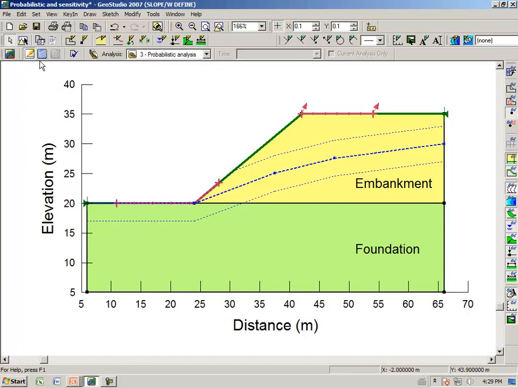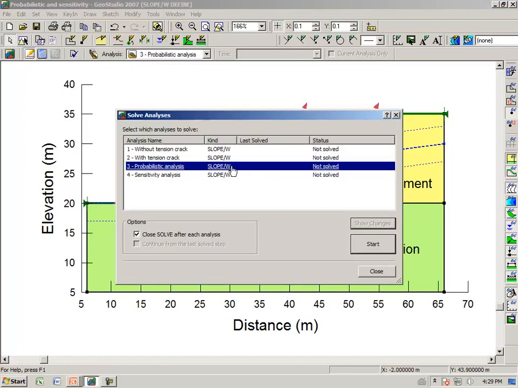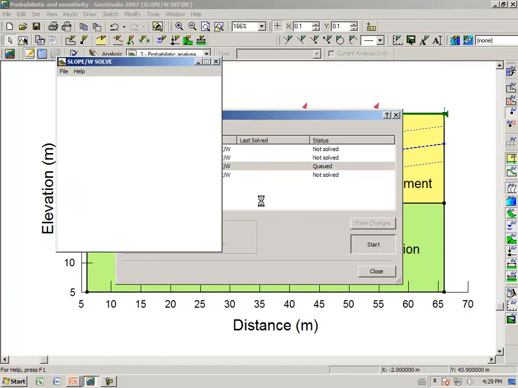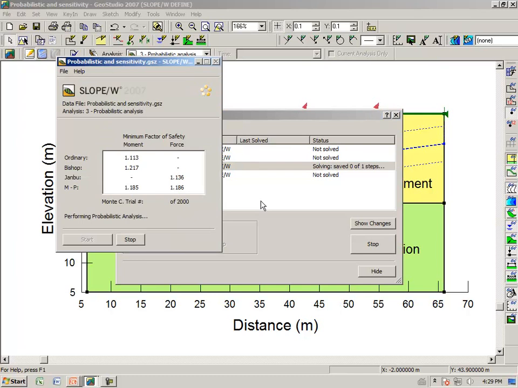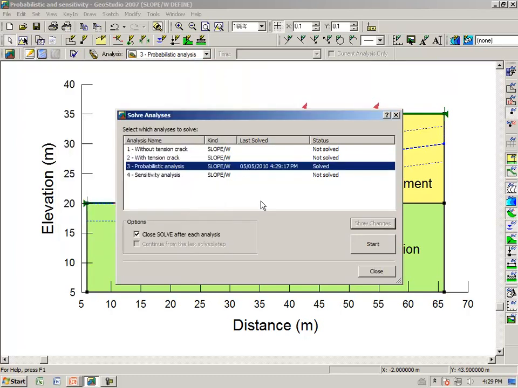We can now click on the Solve button and analyze number 3. And what SLOPE/W does, it first of all finds the minimum factor of safety slip surface, and then it does a Monte Carlo analysis on that particular slip surface.